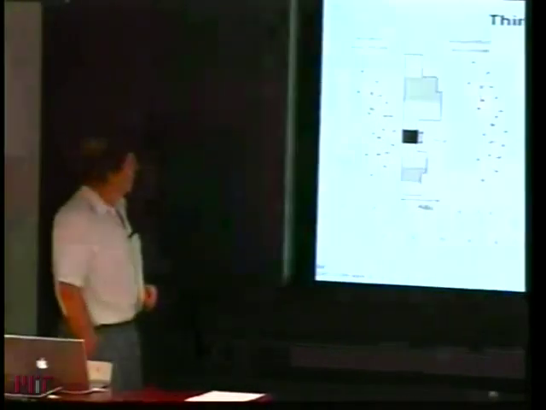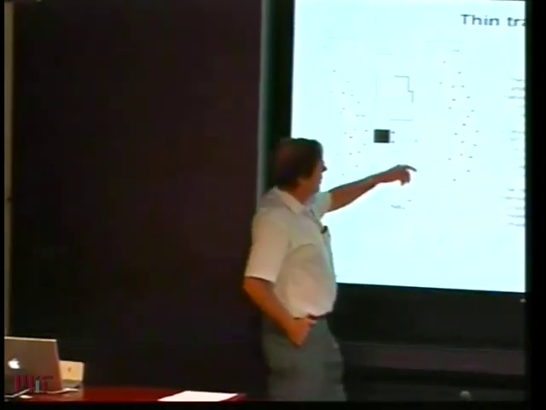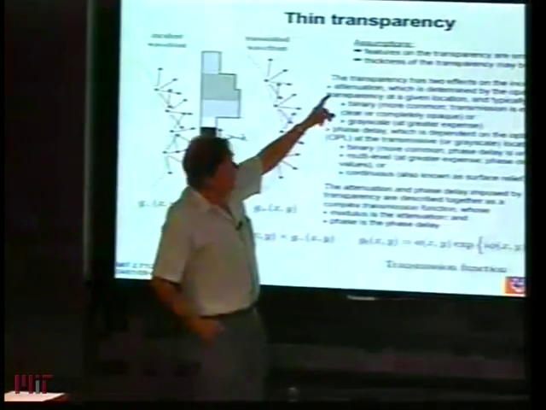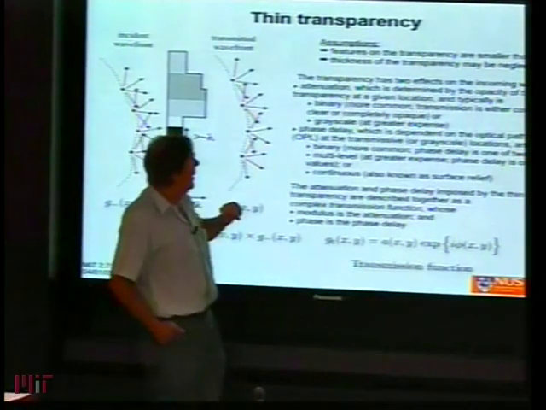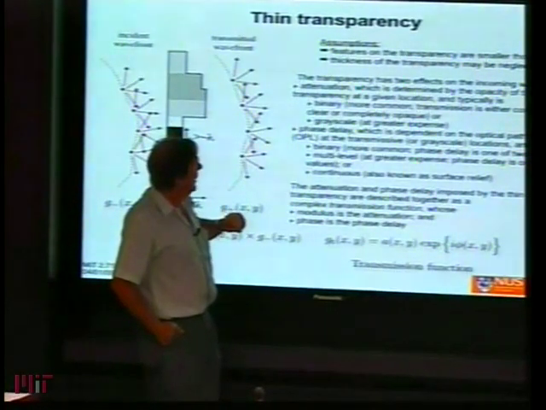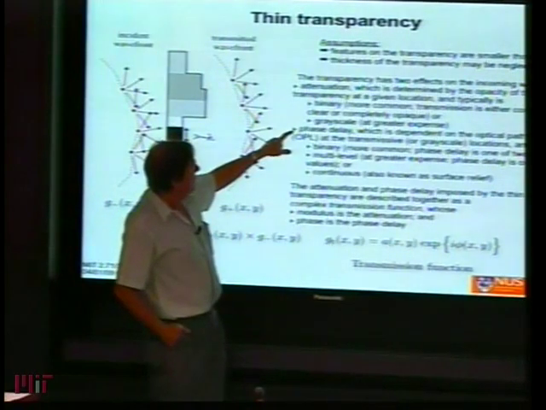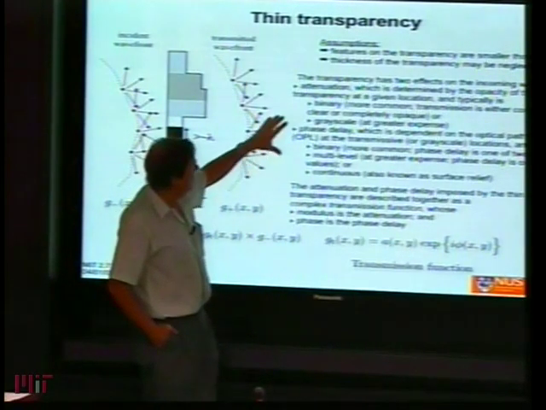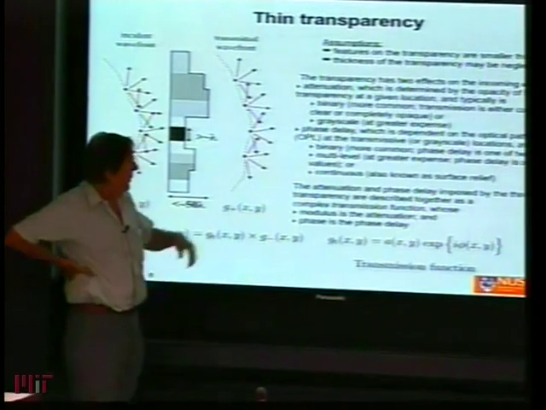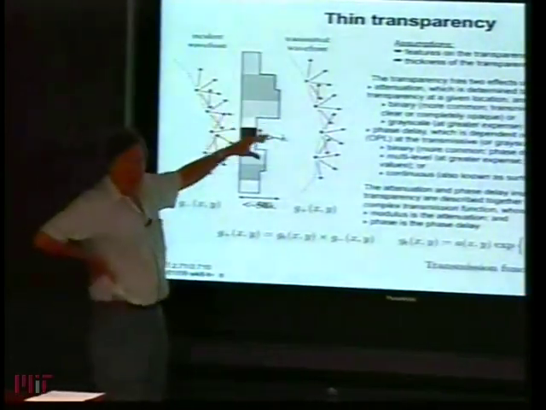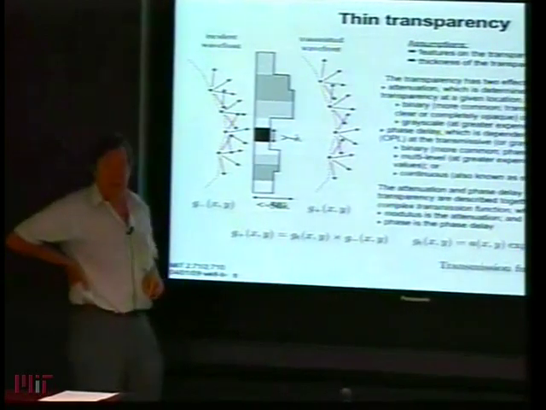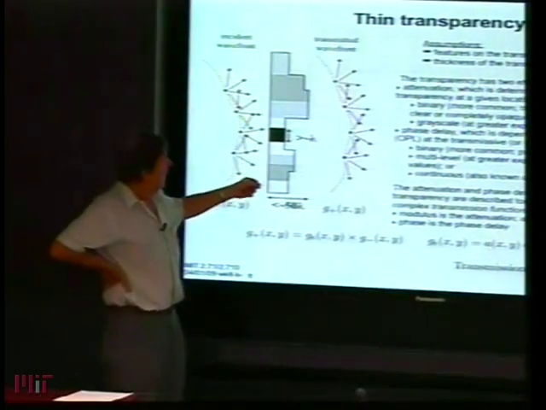So this transparency can change the attenuation, right? The black bits are going to absorb the light, but it can also change the phase, the phase delay. Both of these effects are going to be dependent on the material properties of this transparency, of course, and also its thickness.